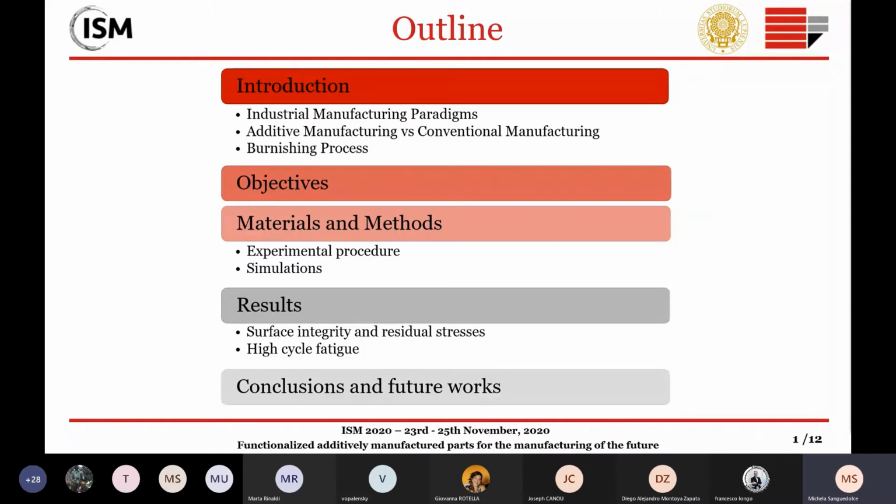Then we will talk about objectives, materials and methods in terms of experimental procedure and simulations, and the results concerning surface integrity, residual stresses, and high cycle fatigue tests, and then conclusions and future works.